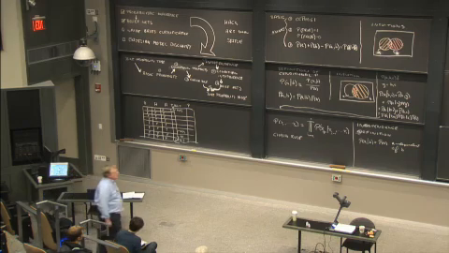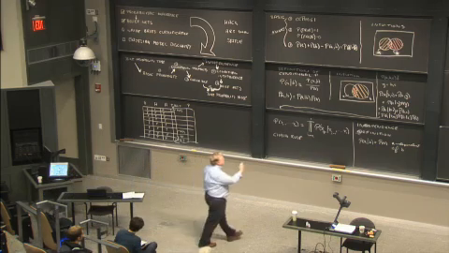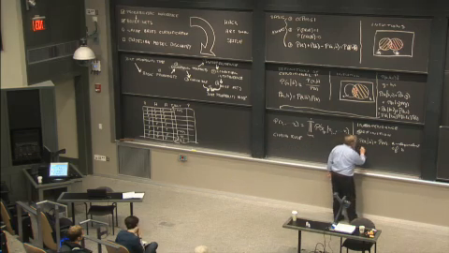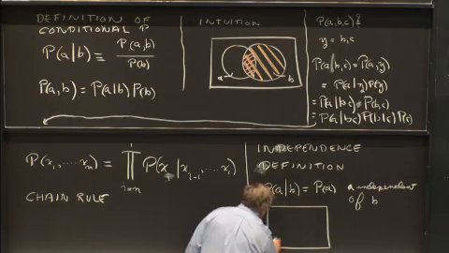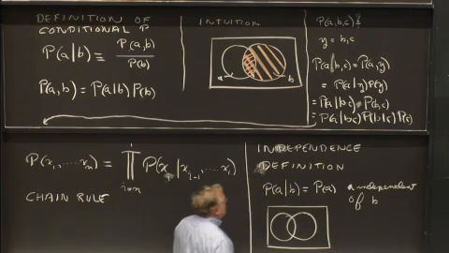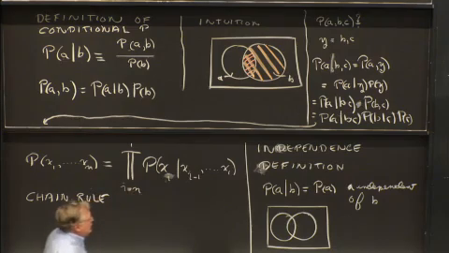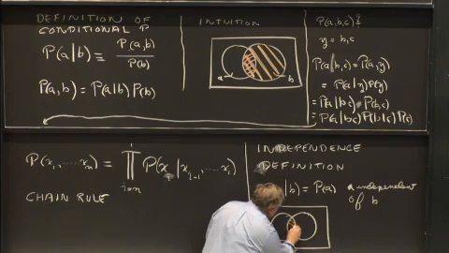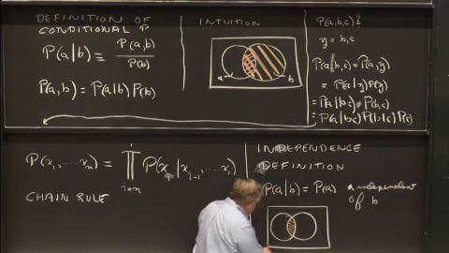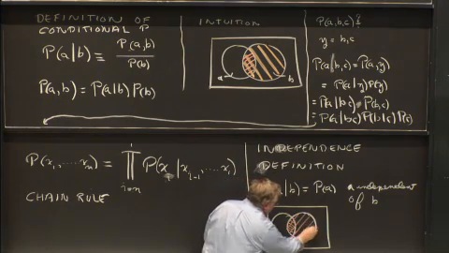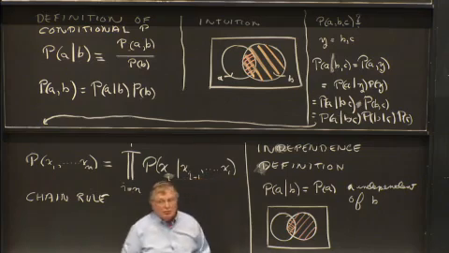So what does that look like if we try to do an intuitionist diagram? Well, let's see. Here's A, here's B. Now the probability of A given B, well, that must be this part here divided by this part here, right?